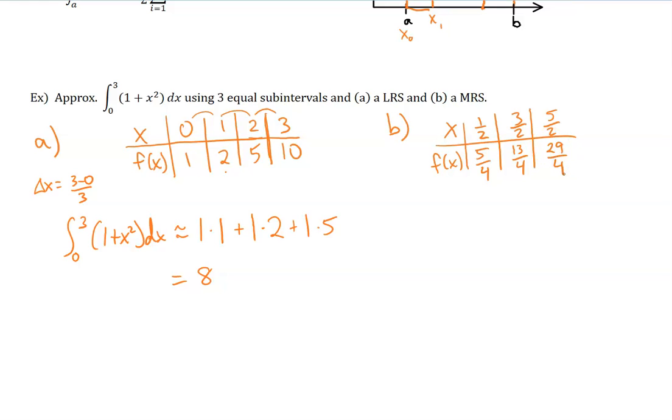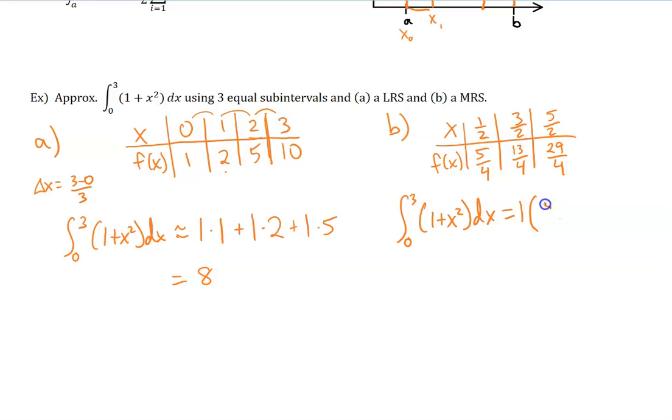Okay? Now, delta x is still 1. The width of each subinterval is still 1. All right? We're just using different sample points to get the heights. Okay? So, since 1 times whatever is still just 1, but I am going to write the 1, I'm going to factor the 1 to the front because I'm remembering that I do have to multiply by the width, but since it's the same on all of those, I'm showing that it's okay to factor that to the front.